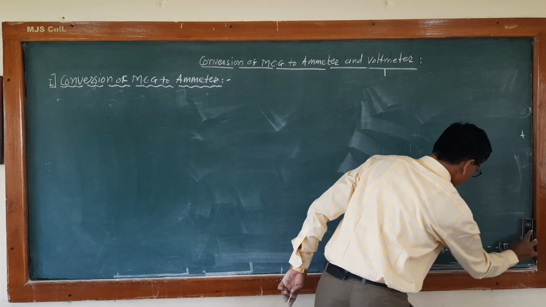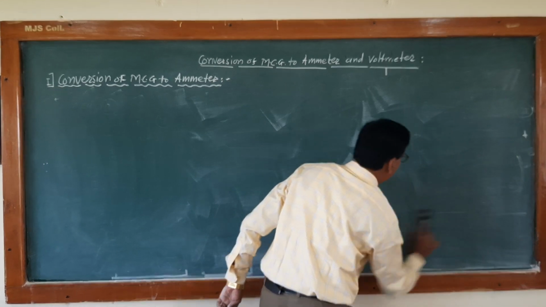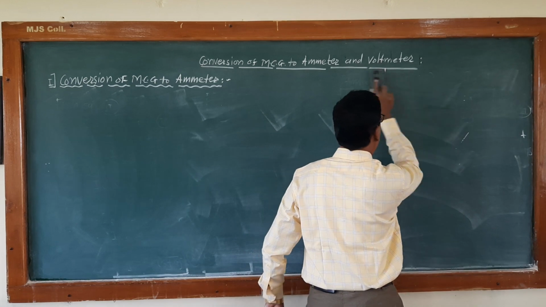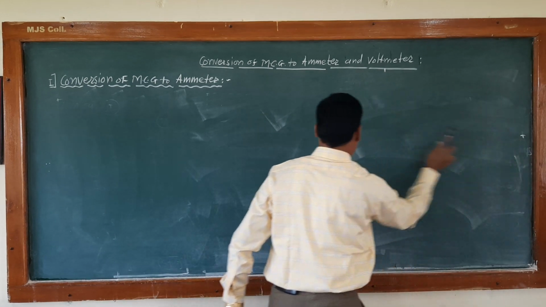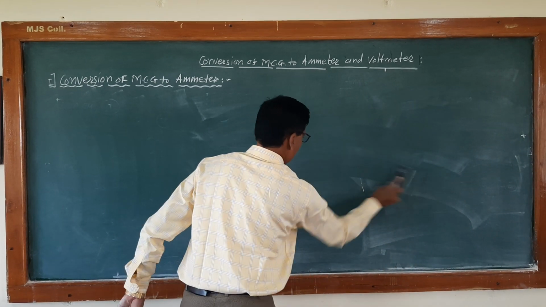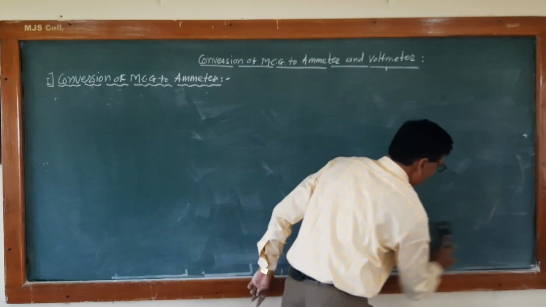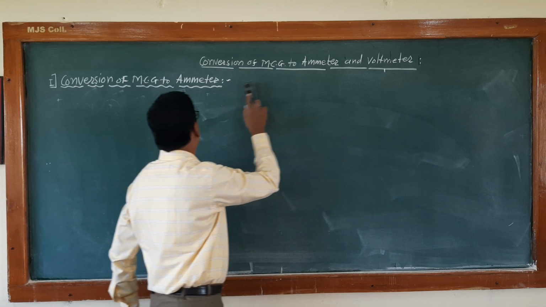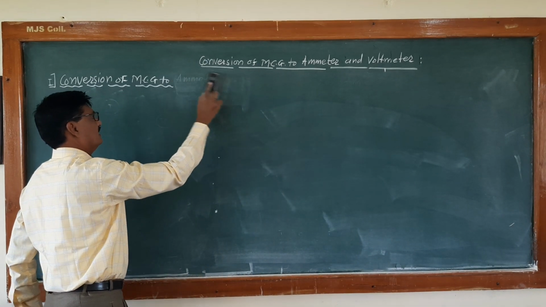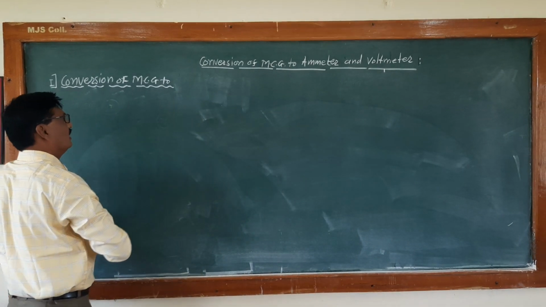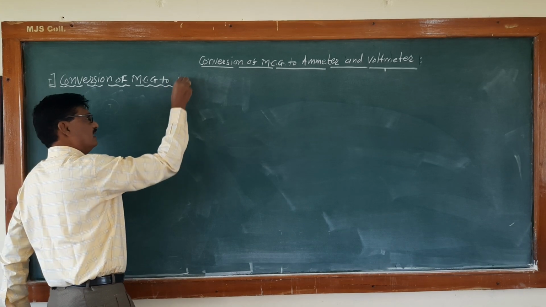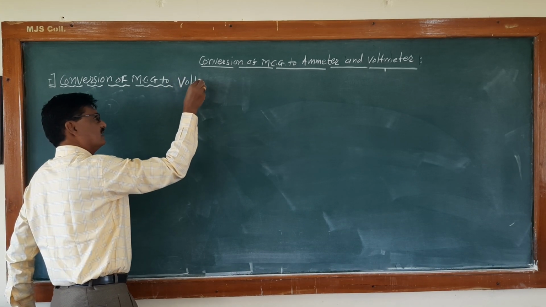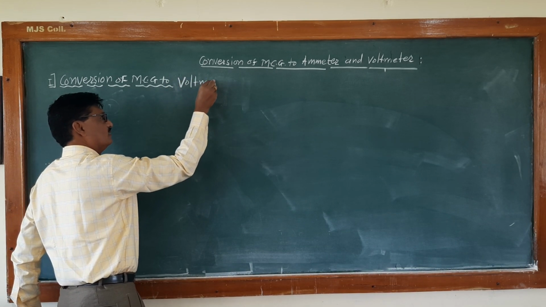Already we know how to convert MCG to ammeter and voltmeter. MCG can be converted into an ammeter by connecting a low resistance parallel to the galvanometer, and MCG can be converted into a voltmeter by connecting a high resistance in series to the galvanometer.